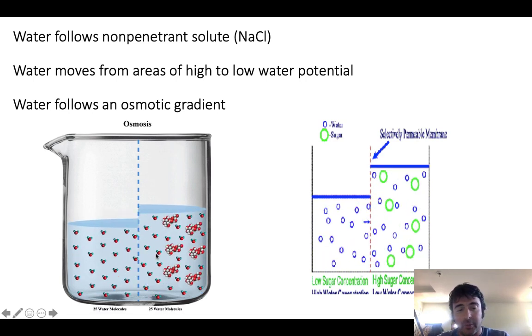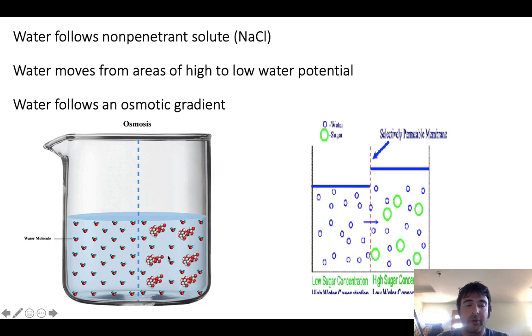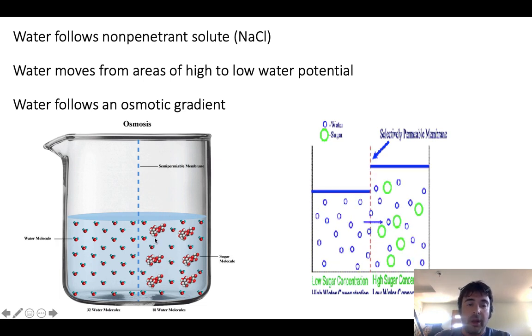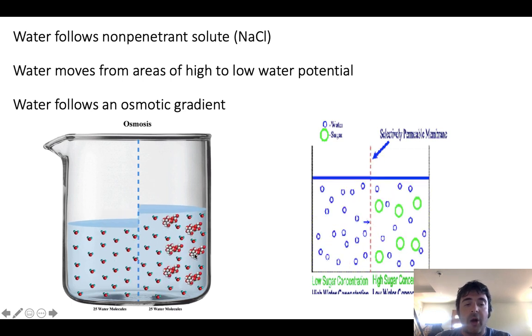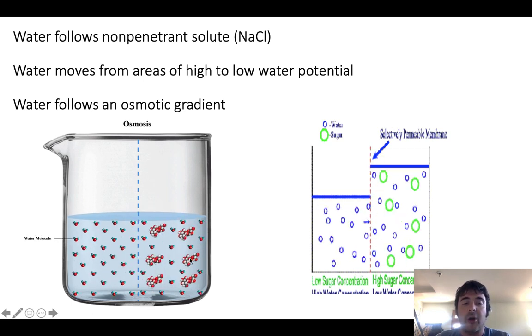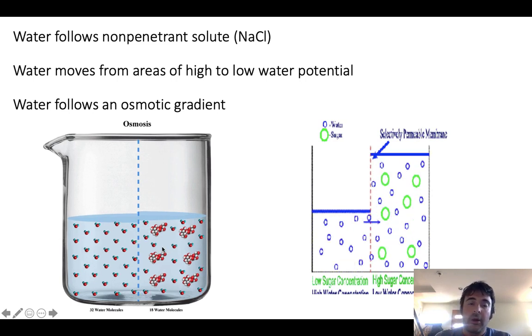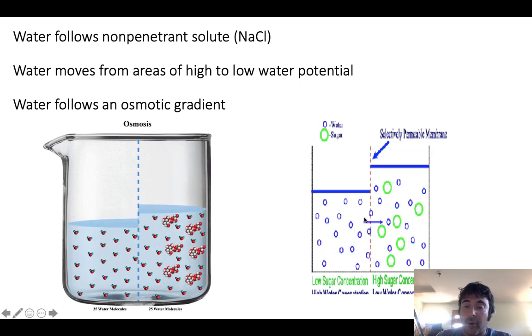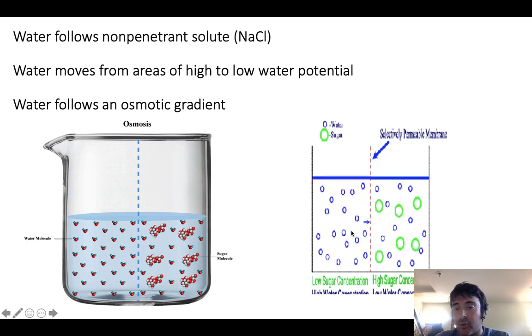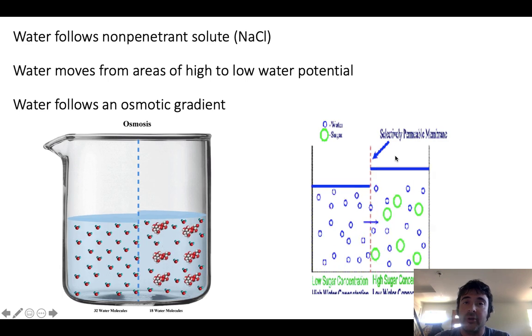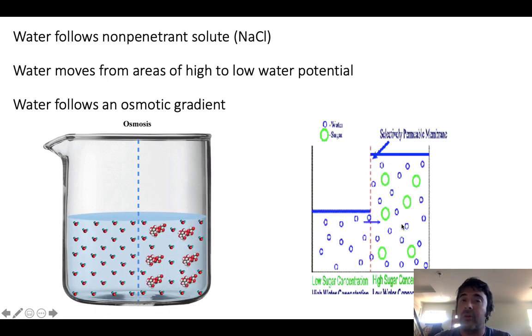And then those water molecules move until an equilibrium is reached, and they create what's called an osmotic pressure. The region with the higher concentration of solute has the higher osmotic pressure, and osmotic pressure sucks water toward it. So you can create osmotic pressure by adding solute to a solution, and that will suck water over in that direction, creating a pressure that you can physically measure called an osmotic pressure.